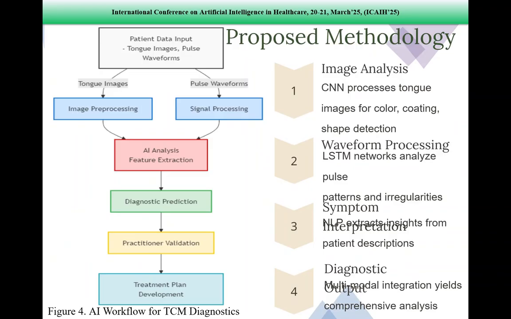We can see the patient on top, the patient data input with the tongue images plus waveforms, and then it will separate into different modules to analyze the tongue images and also the pulse waveforms, and then they are compiled together. We have feature extraction and then diagnostic prediction.